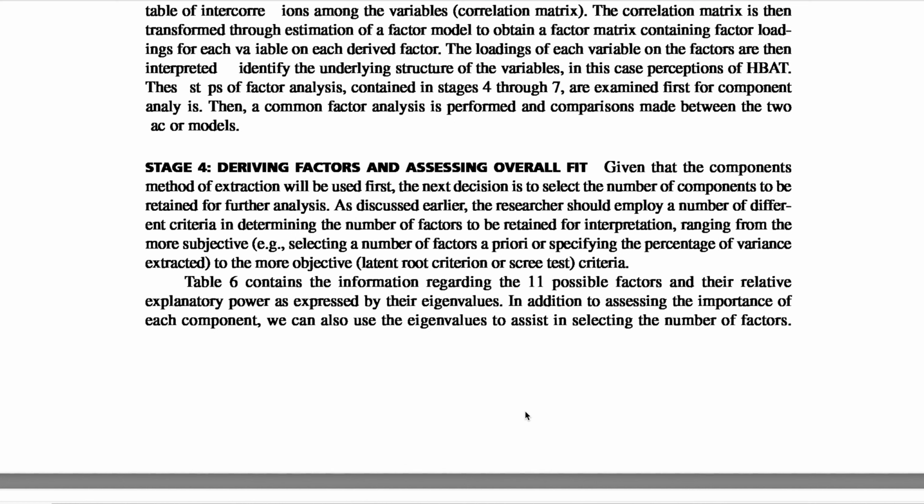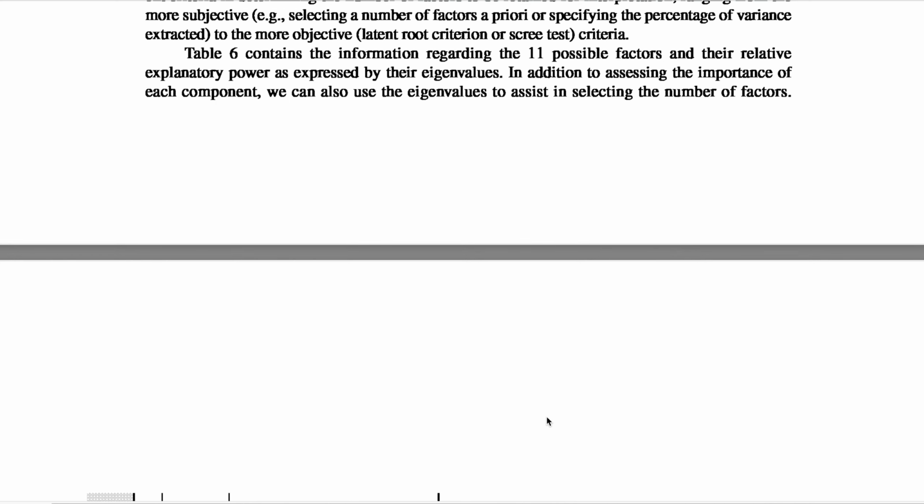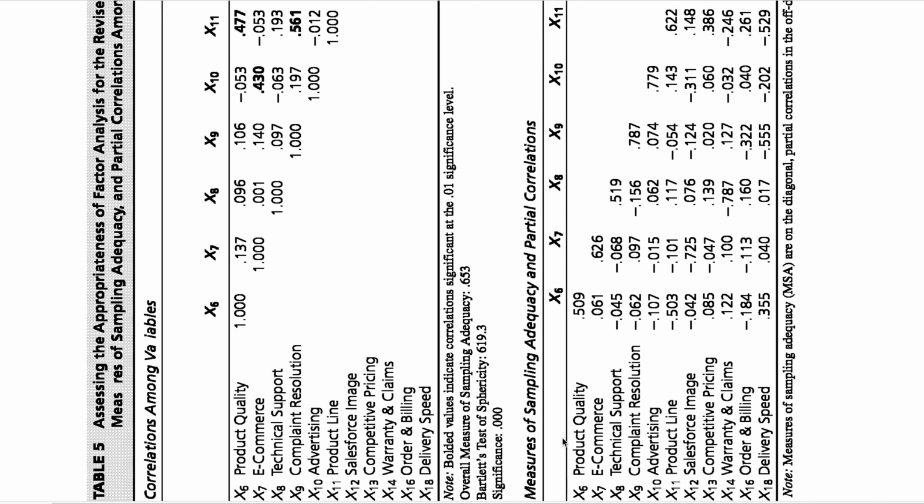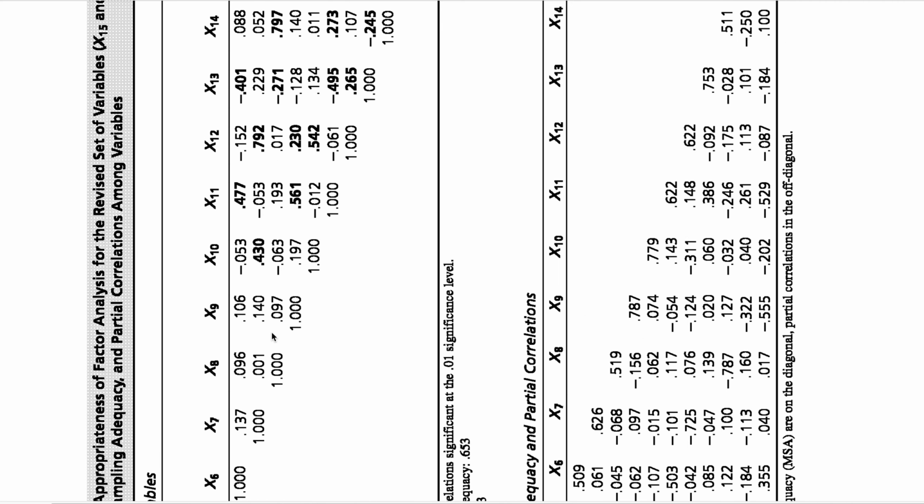Table 6 contains the information regarding the 11 possible factors and their relative explanatory power as expressed by the eigenvalue. In addition, to assess the importance of each component, we also use the eigenvalue in selecting the number of factors. Here is the assessing the appropriateness of factor analysis.